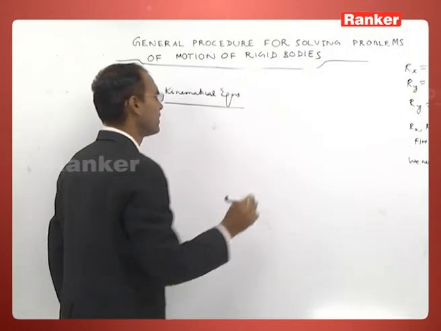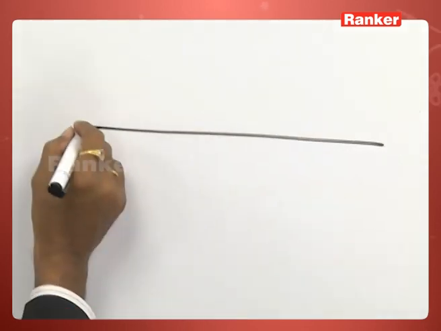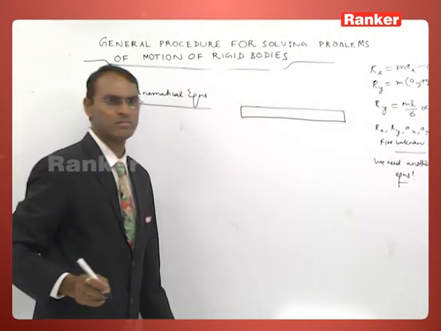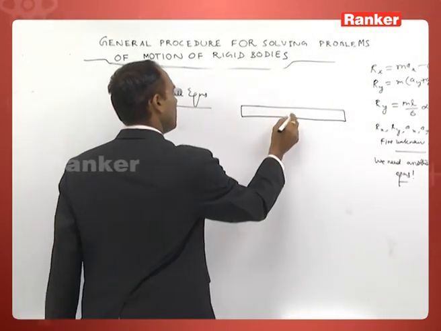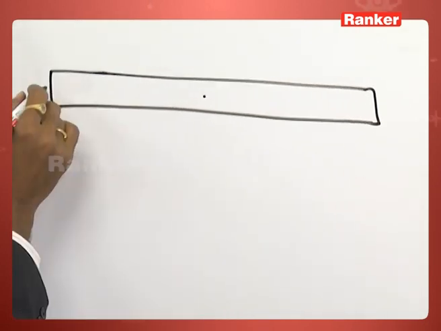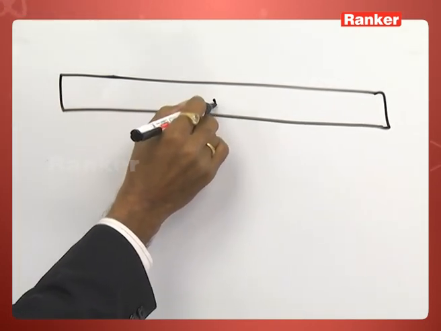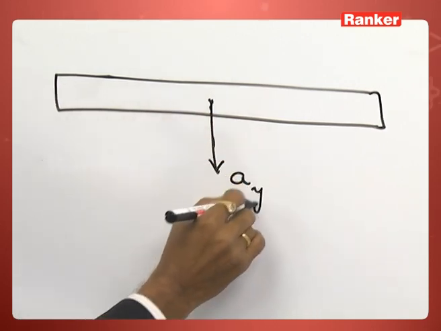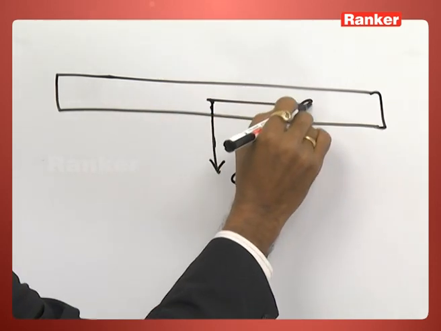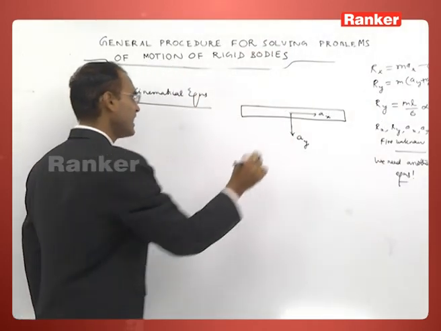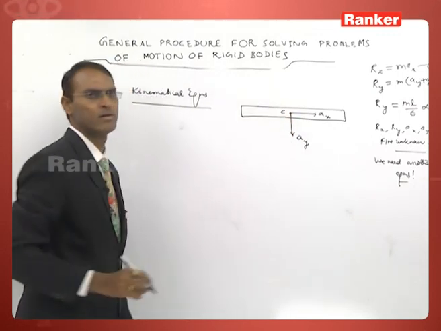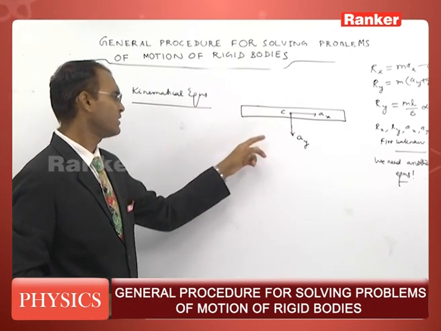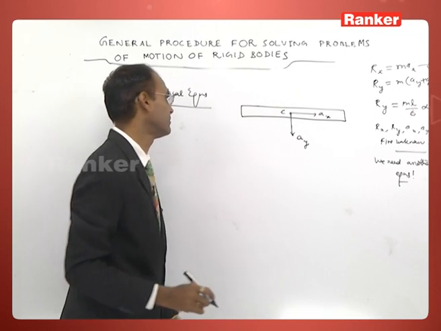For this purpose, we need to draw the rod and mention the accelerations of the center of mass along x-axis and y-axis, as we mentioned in the free body diagram.